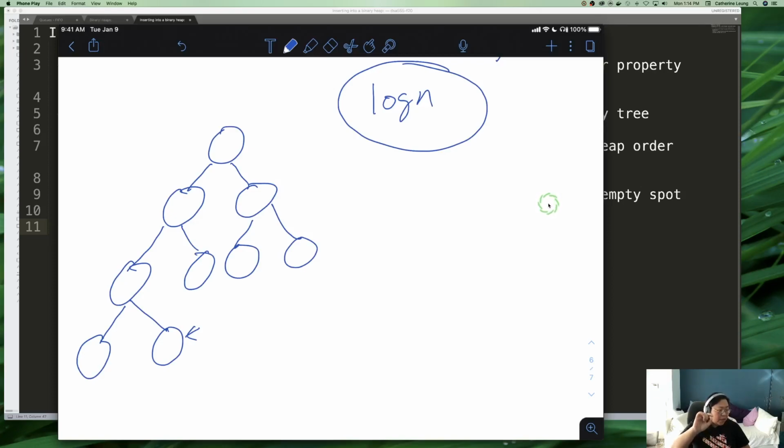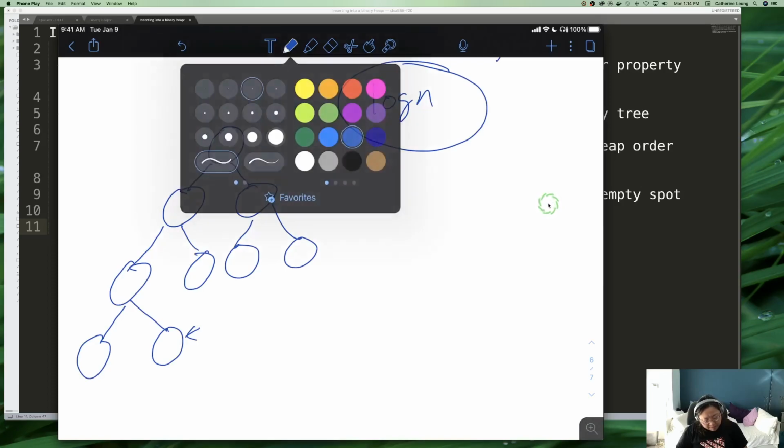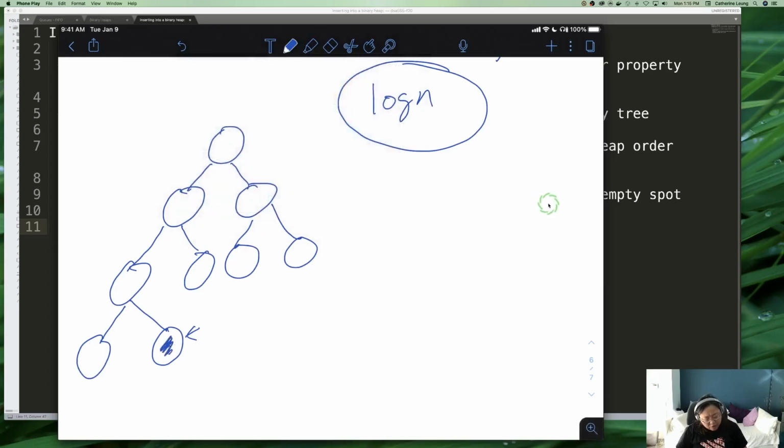So we always say, okay, can I put the value in here? No, grab the parent, check the parent, and so on, right? So if we think about it, what happens is effectively this. We start off with our empty node being down here. And then we say, okay, can I put it in here? And if the answer to that question is no, we move our empty node up.